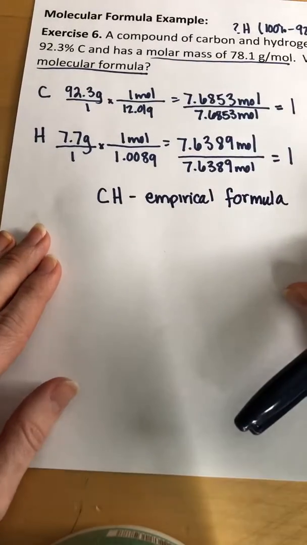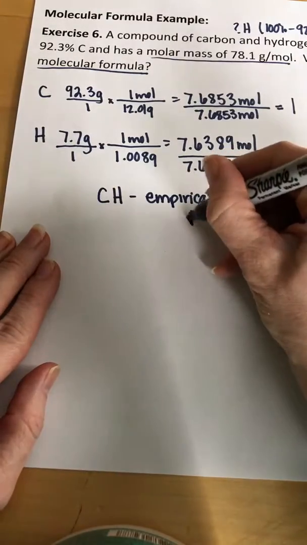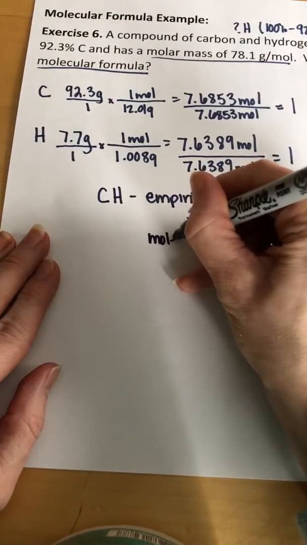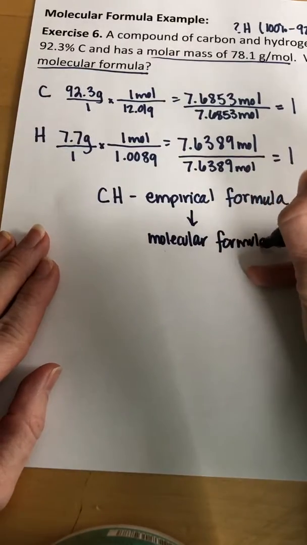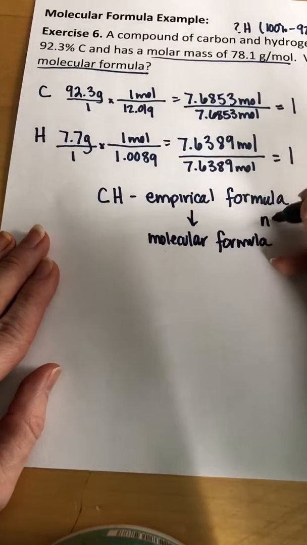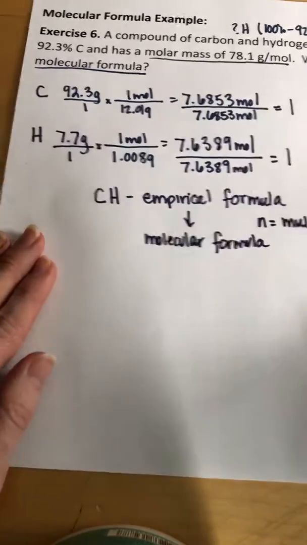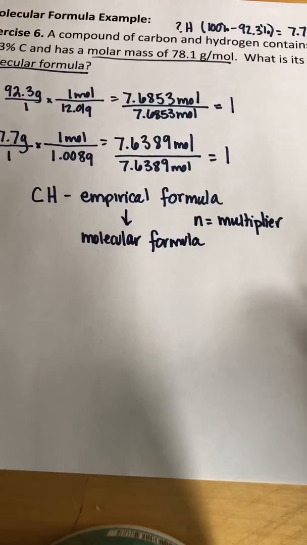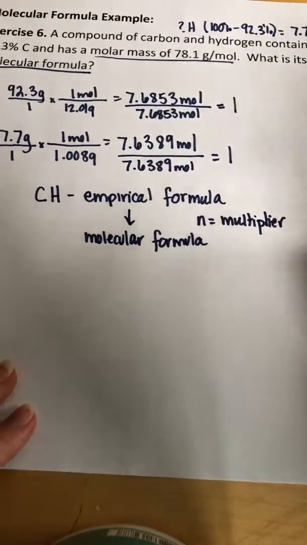Now we know from our reading and or from the Tyler DeWitt video that in order to go from an empirical formula to a molecular formula, you need a multiplier. I think he went backwards from molecular to empirical, but you need some type of a multiplier between those. So our goal is to find out what that multiplier is.